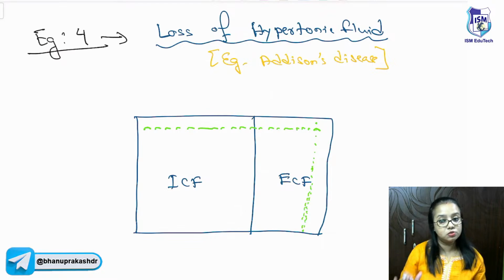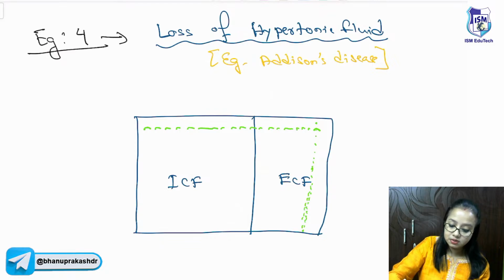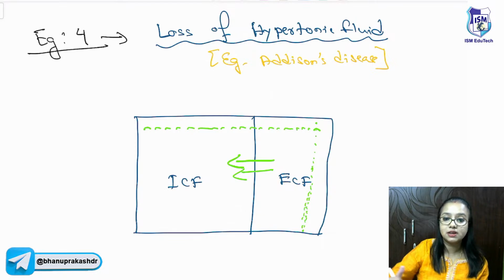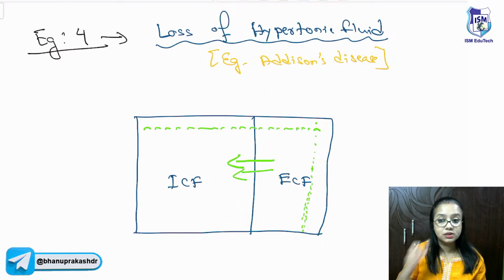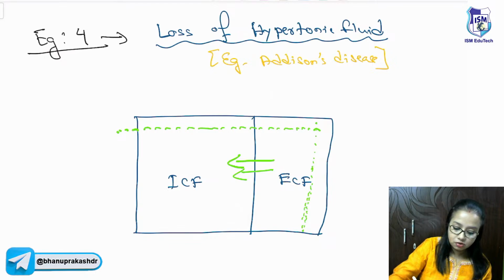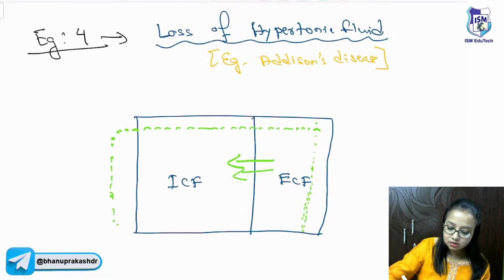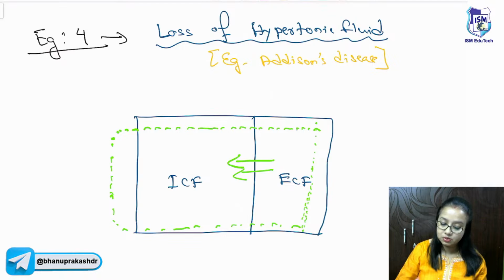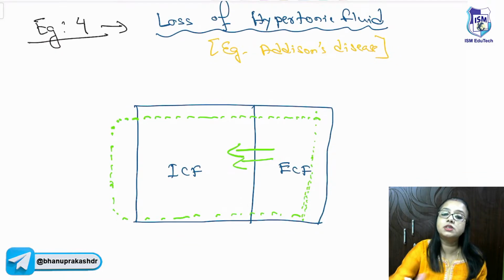Now, what will this decreased osmolarity do? The ECF has now become lighter than the ICF. So there will be migration of fluid from the ECF to ICF, because compared to the ICF, the ECF has become less in osmotic pressure. So the volume in the ICF will increase until it stabilizes at this. So just the opposite will happen.